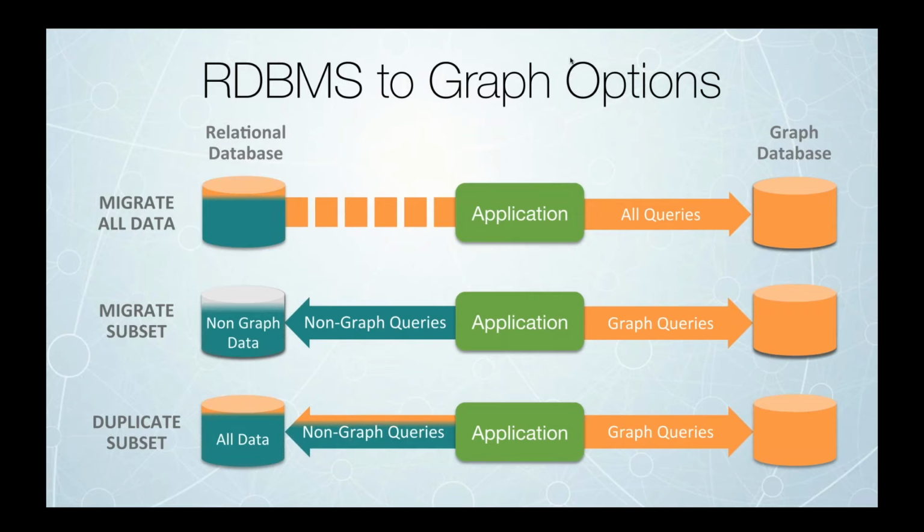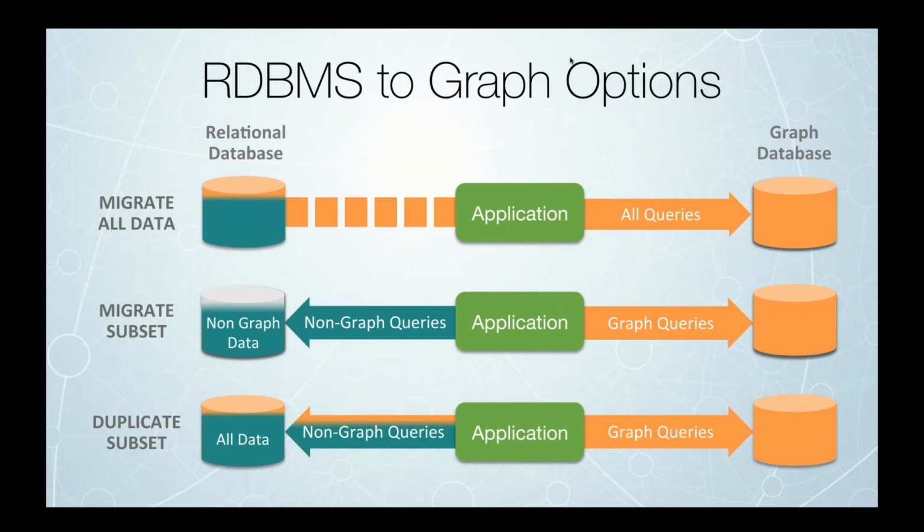Another use case would be to migrate just a subset of the data. So we take just the piece that we're interested in from our relational database, save that into Near4J, and our application knows that, okay, graph queries go to Near4J, and all the other queries go to our other database.